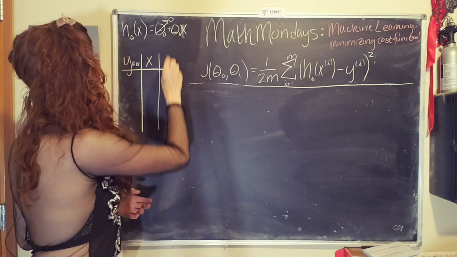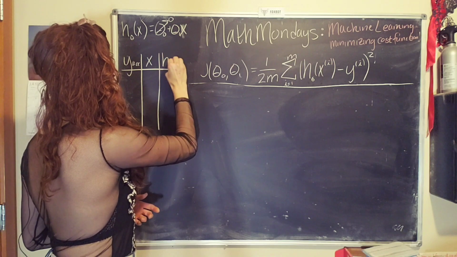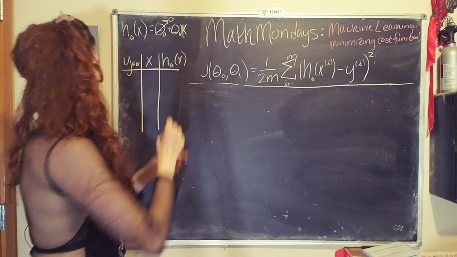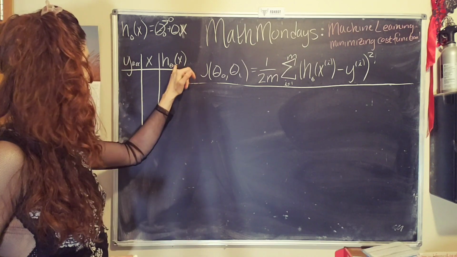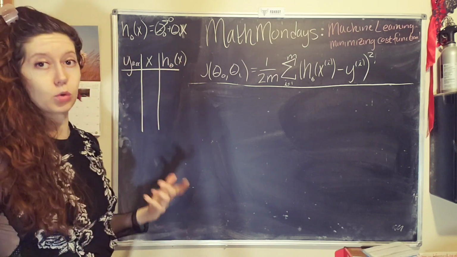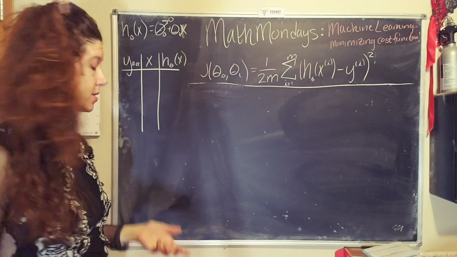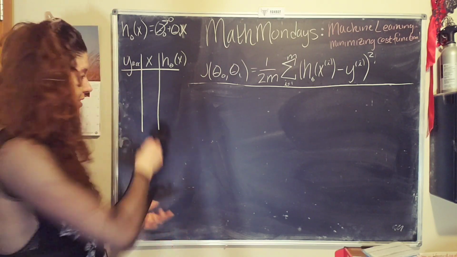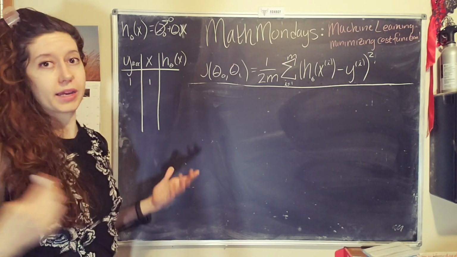And then we also are going to need to figure out what h of theta x is. So what we need to do is to figure out what the right value for theta 1 is given a set of data points. Again, let's start with this nice simple equation where we just have y equals x.